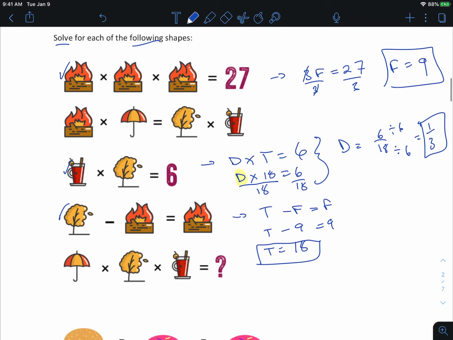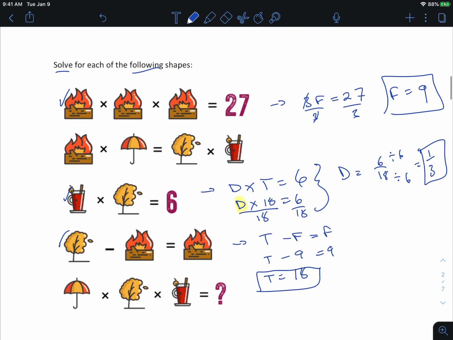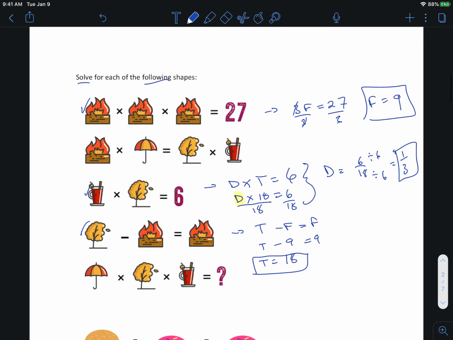Okay, so we need a little bit of space here. We'll say fire, umbrella, tree, drink. You want umbrella by itself. How are you going to get umbrella by itself? I wouldn't even put the numbers in yet. I would just be a little bit patient.